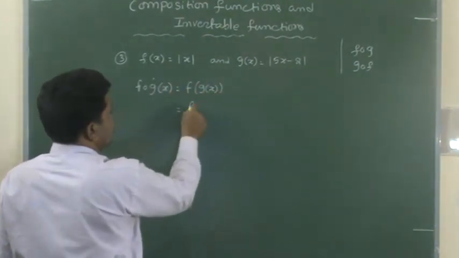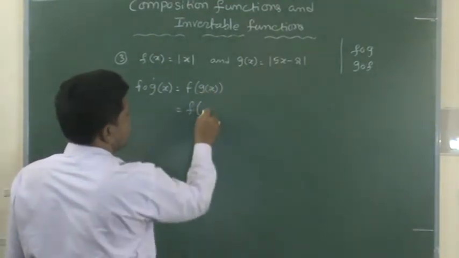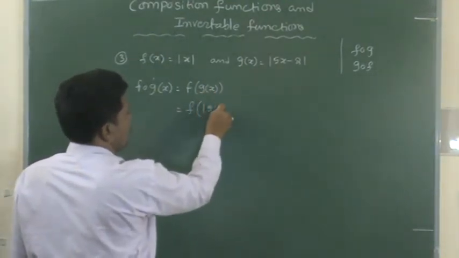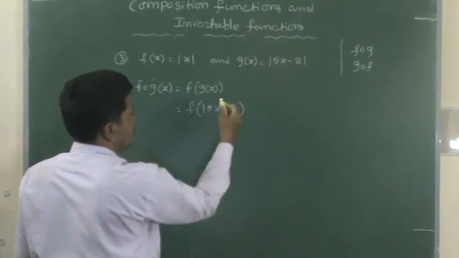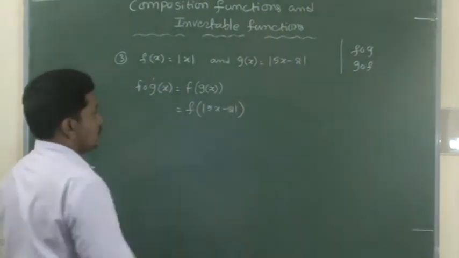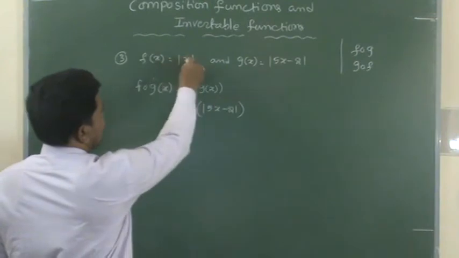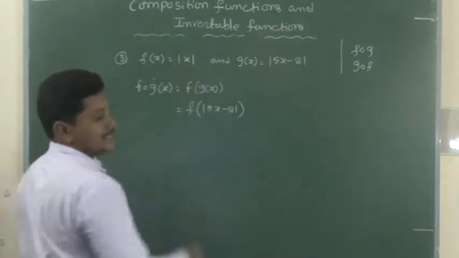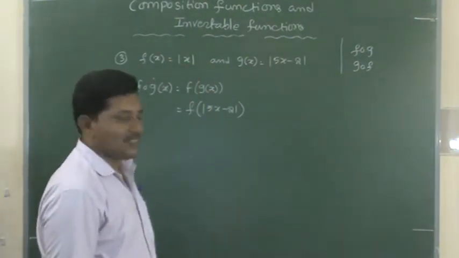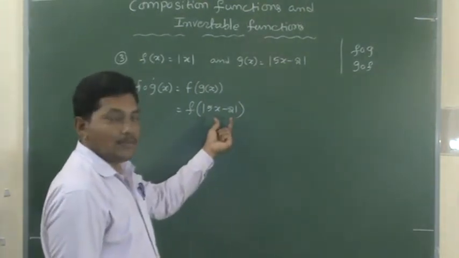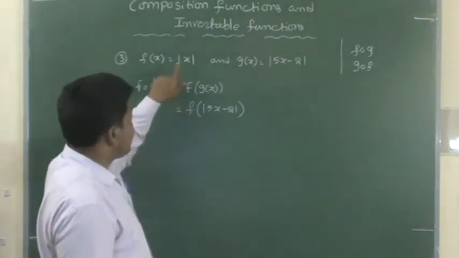Now what is g of x? g of x is modulus of 5x minus 2, right? Now what is f of x? It is modulus of modulus x, right? Don't get confused. Here already modulus is there, but in your definition of f of x there is another modulus.